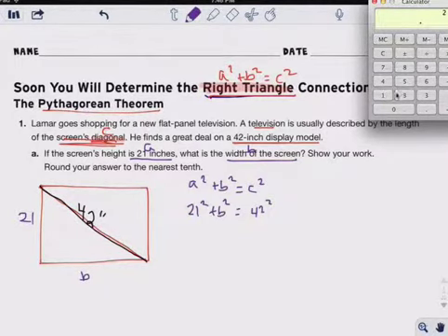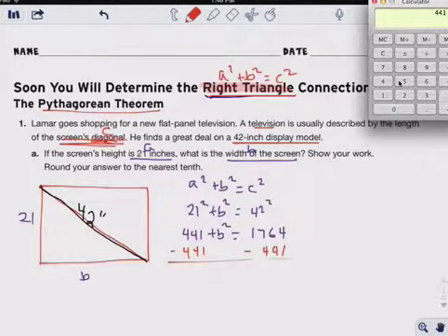21 times 21 equals 441, plus b squared equals 42 squared. So 42 squared equals 1,764. Okay, and then you subtract both sides, minus 441.